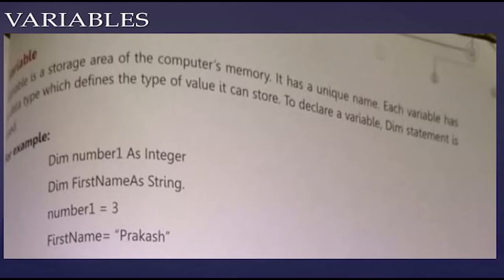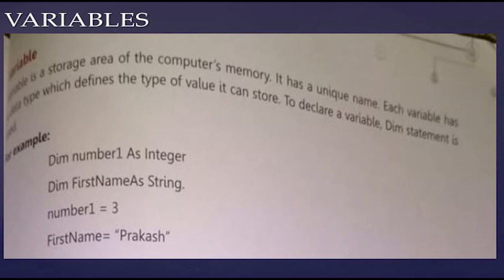Next one is variables. Variables means it will store in an area of the computer's memory. It has a unique name. Each variable has a different data type, which defines the type of value it can store. To declare a variable, the dim statement is needed. For example, see here, dim number 1 as integer. That means we are telling number 1 is an integer. For dim first name as string, in number 1 we are storing 3, and in first name we are storing Prakash.